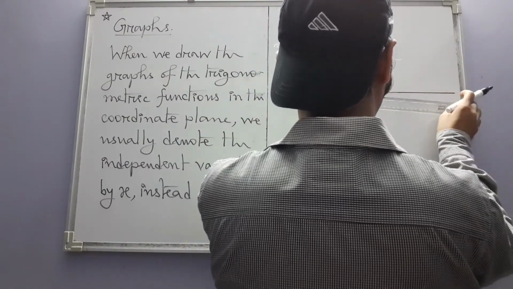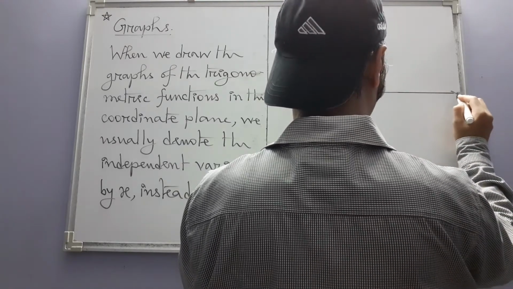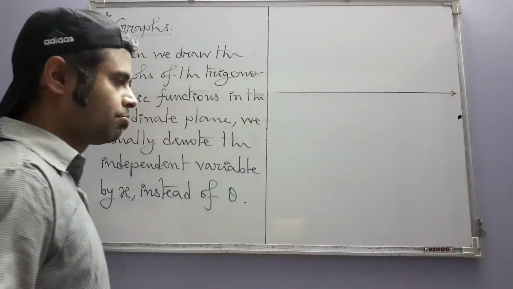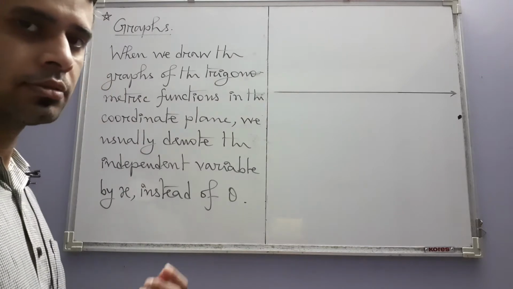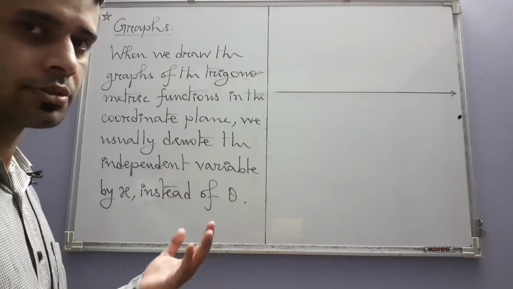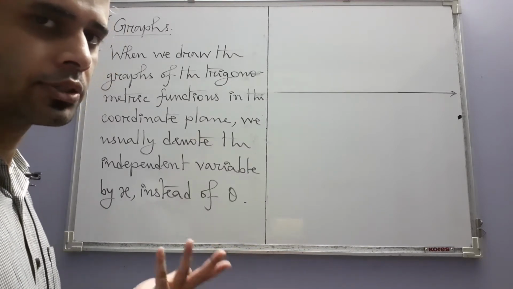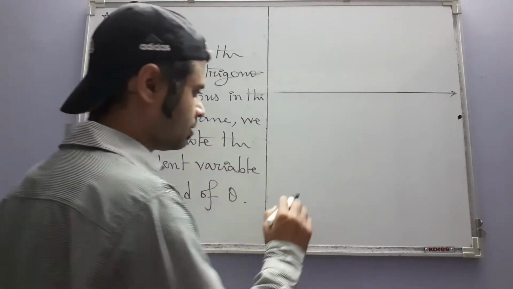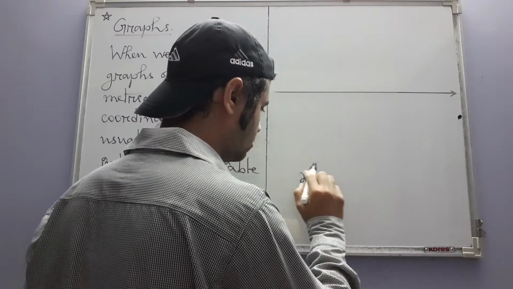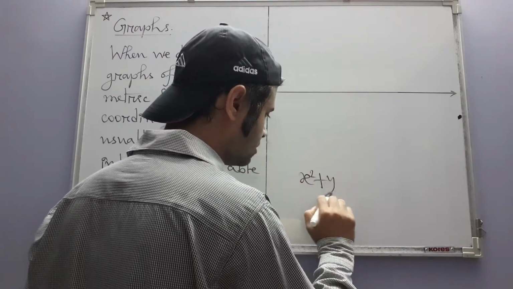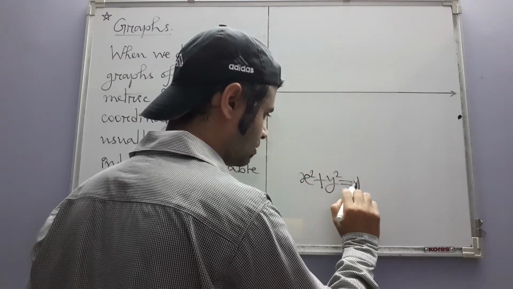Now drawing the graph of sine function does not mean we are going to use actual values to plot actual points and then join them to get the graph. We are not going to do that, and it will be much like looking at the graph of this equation, for example, which we have already seen.